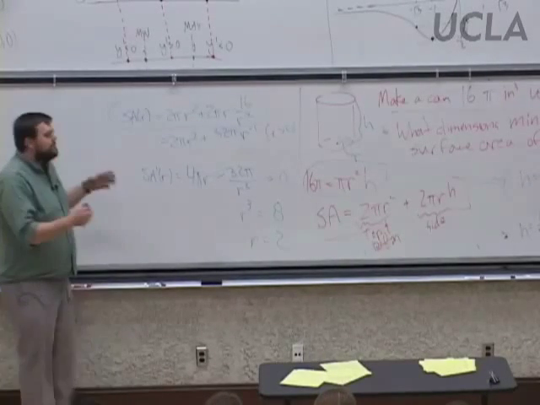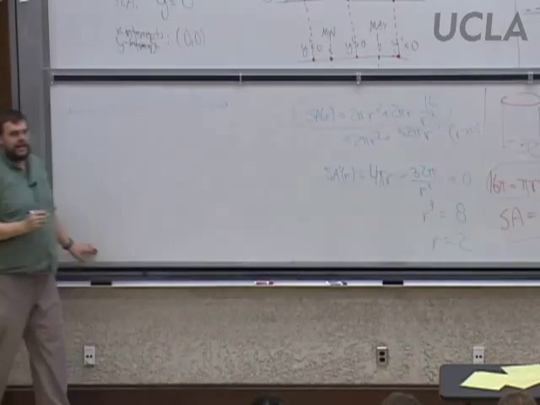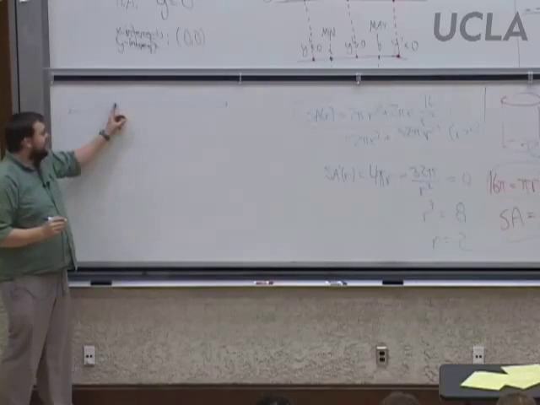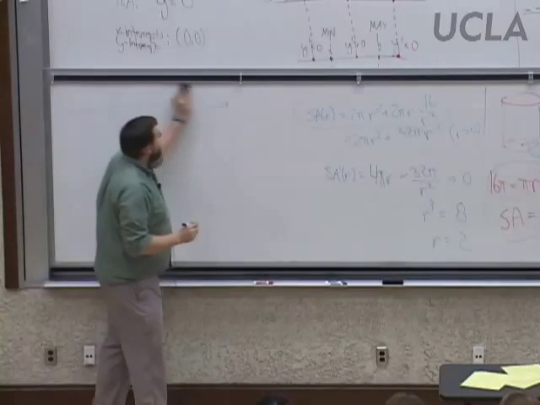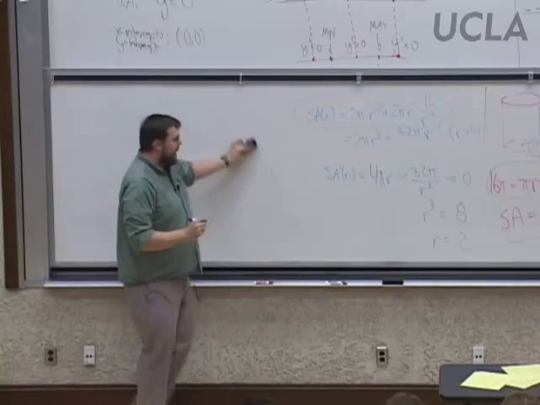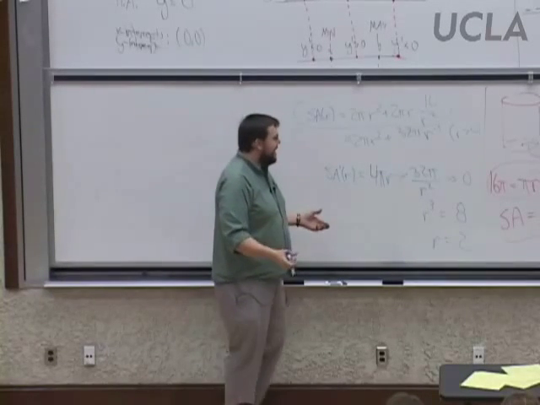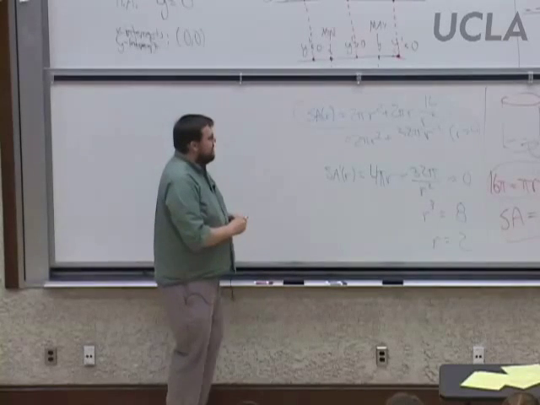In fact, I can make a really stupid can where I have a huge circle, a tiny height, and another huge circle on the bottom. It has 16 pi cubic inches, but it's really stupid. You're wasting tons of metal. So when you ask what's the maximum, there is no maximum. You can get arbitrarily large. You can make a 5-ton can that has 16 pi cubic inches worth of volume in it. So you have to make sure.